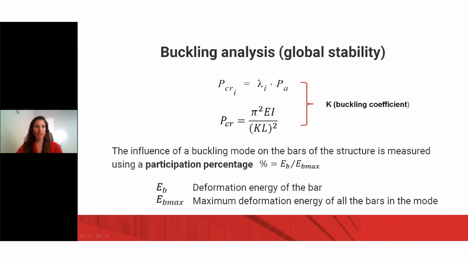Also, the influence of the buckling mode on the bar can be measured using the participation percentage. Basically, the bar that absorbs the highest deformation energy for one mode would be the 100% participation, and for all the other bars, the participation percentage can be obtained by dividing their deformation energy by the maximum deformation energy of that other bar.